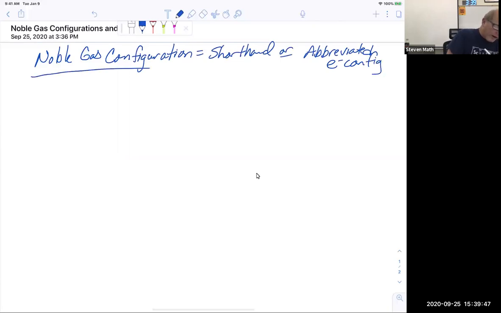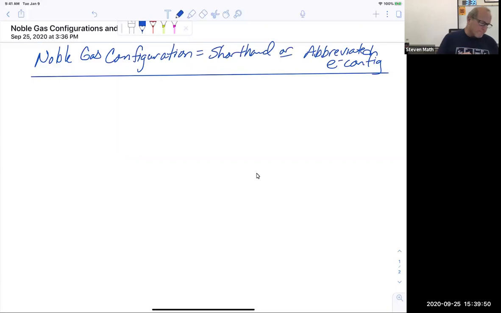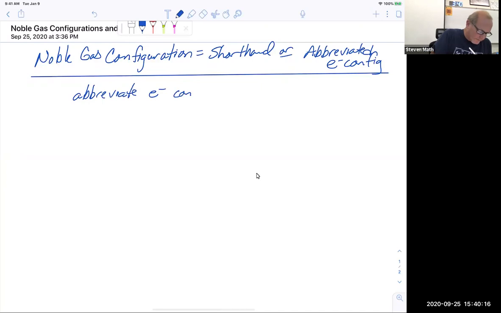So these are ways of writing E-configurations that are going to make it a little bit easier for really long electron configurations. The idea is that we can abbreviate an electron config with a previous row noble gas.